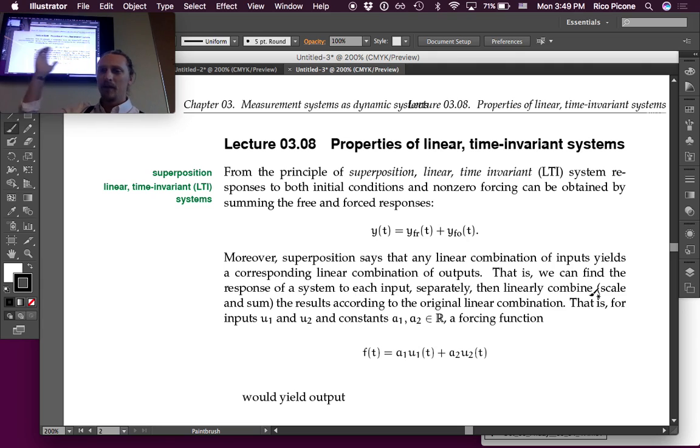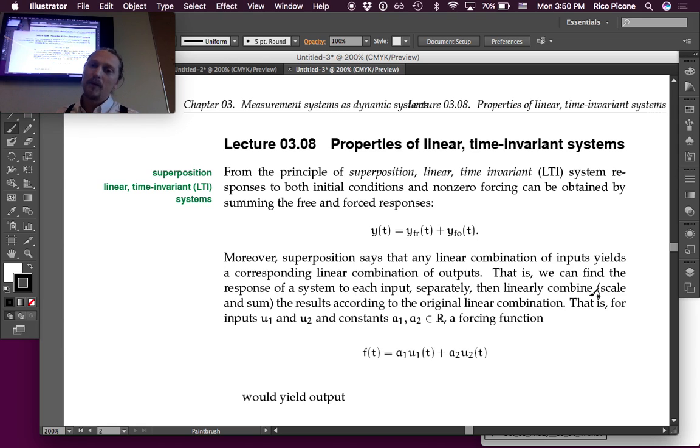We've dealt with all of those things, but we've always dealt with them separately, right? Either there's an input or there's an initial condition. There might be an input and initial condition together sometimes, and there also might be multiple inputs. That's what this lecture is going to allow you to do, is glue those together. You have it all, you just need to be able to glue it together.